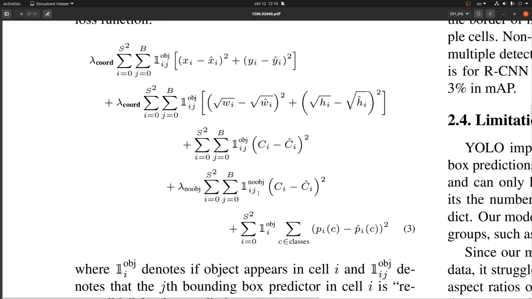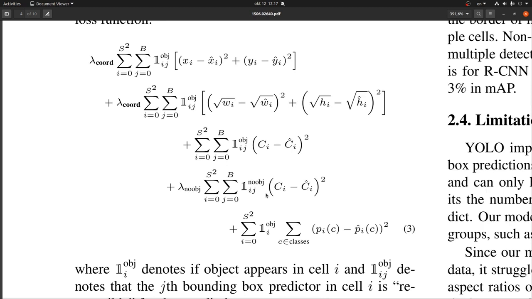And here is actually one thing that I found pretty difficult interpreting. If there is no object, which is the one responsible for outputting that there's no object? In this case, they say that the one responsible is the one with the highest IOU, but here it's not clear to me which is responsible.